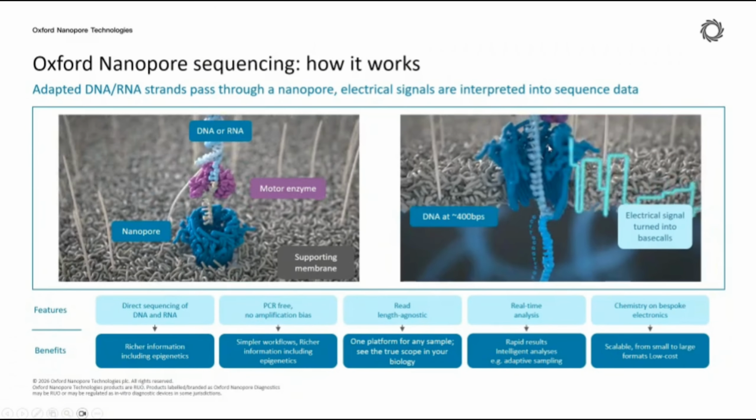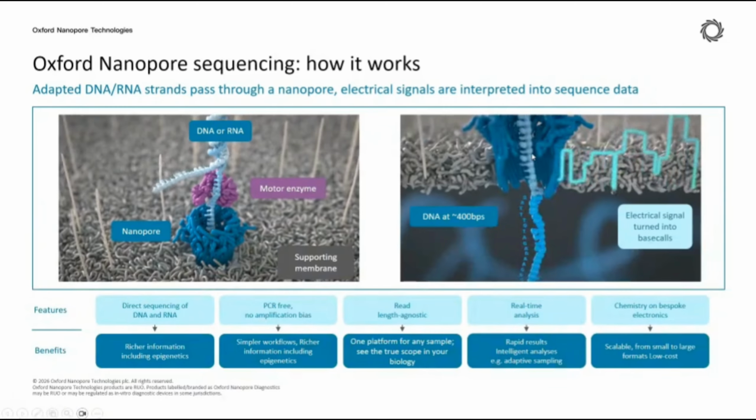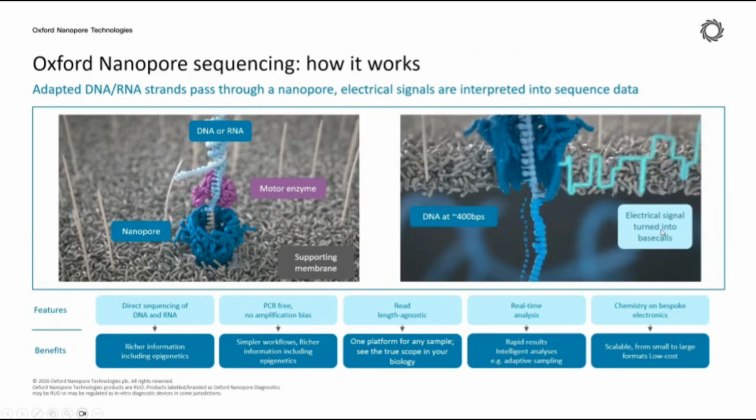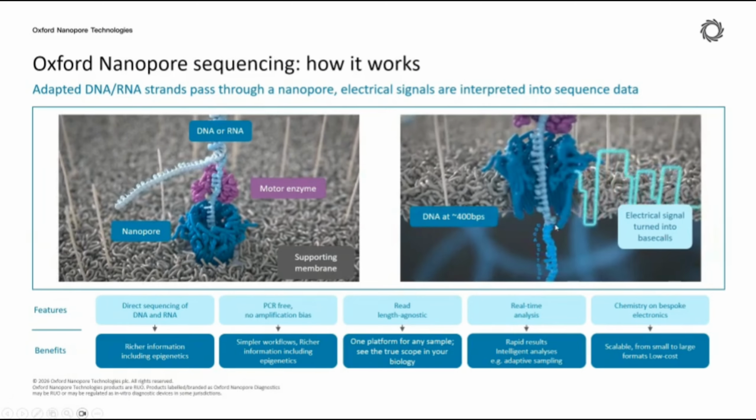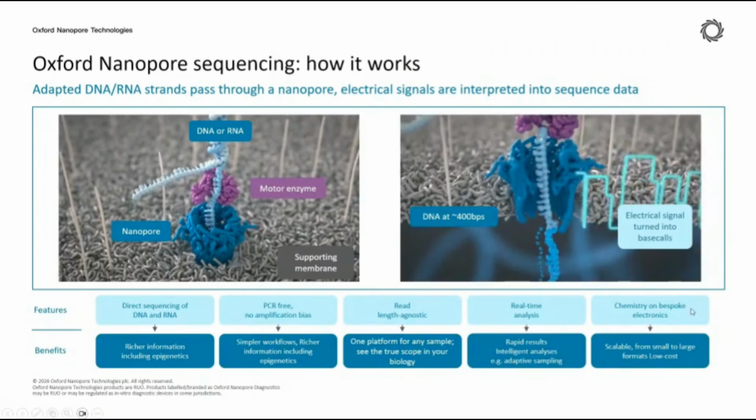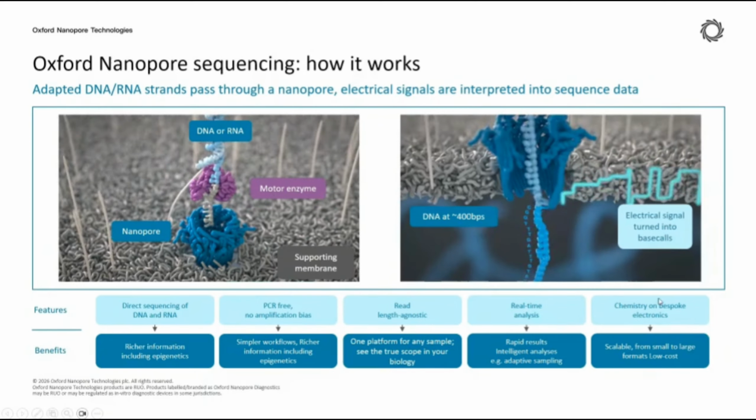While the molecules are passing through the channels, the electric signal will be turned into base calls. We use computers and software to control and collect the data at the same time.